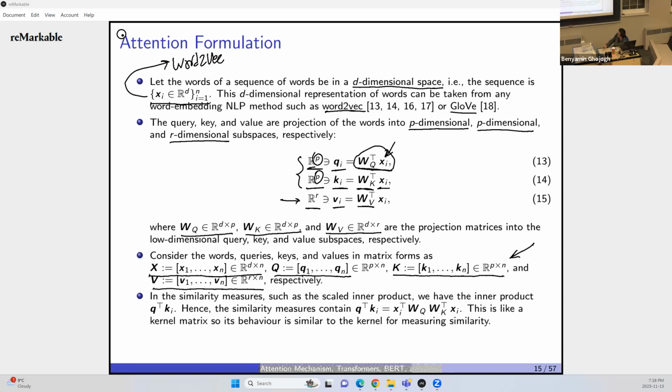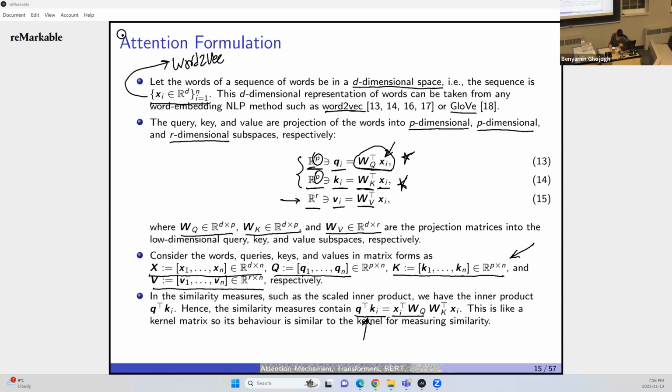Notice the dimensionalities, right? Now, can you tell me what Q transpose Ki was in this sense? Q, according to this and this. So replace equations 13 and 14 in the inner product that we had. It becomes Xi transpose WQ, because Qi is WQ transpose Xi.